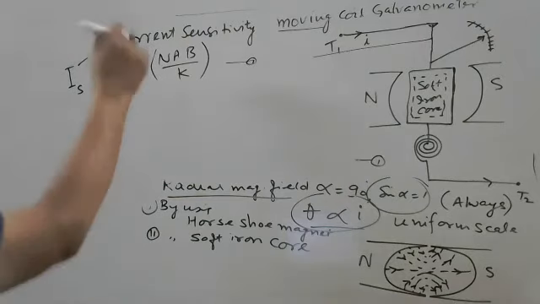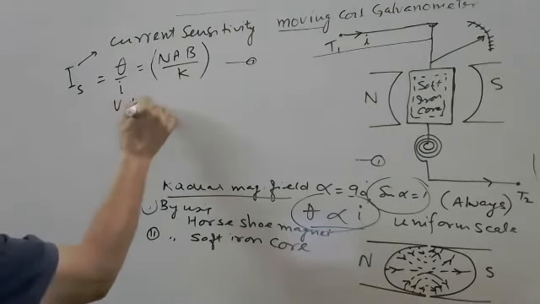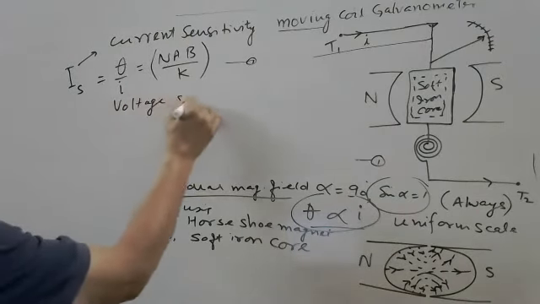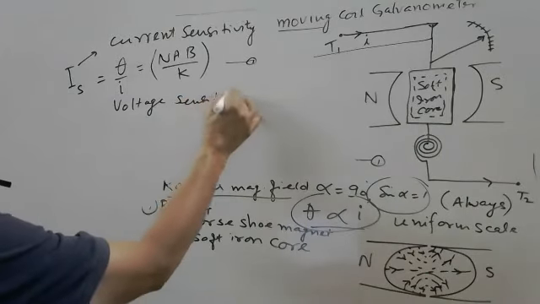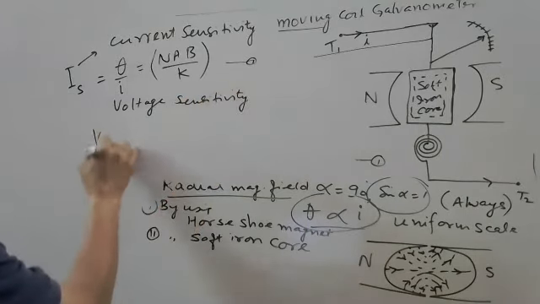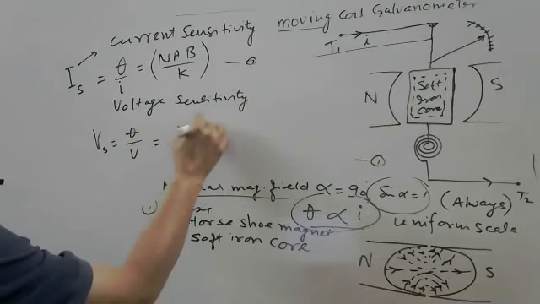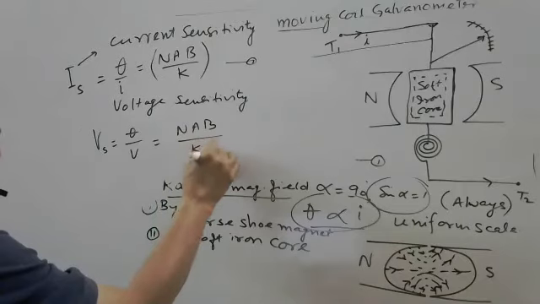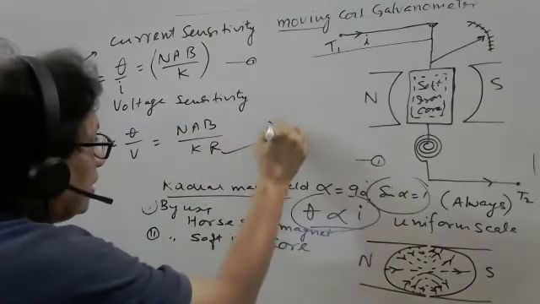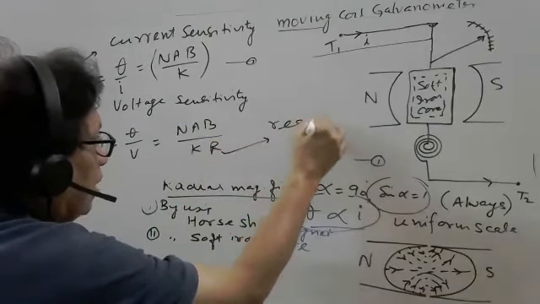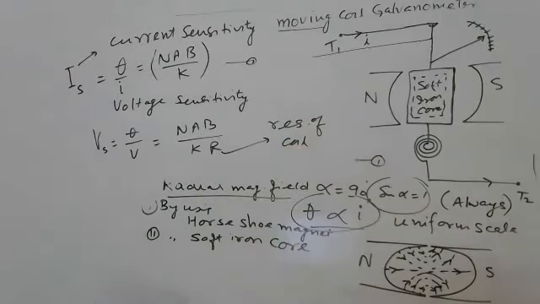At the same time, now the second is voltage sensitivity. Voltage sensitivity. Here it is equal to theta upon V, which is NAB upon KR. Here R is the resistance of the coil of the galvanometer. What is capital R?